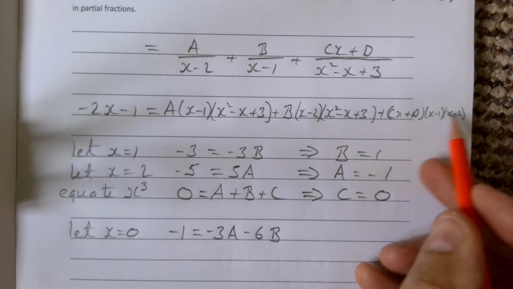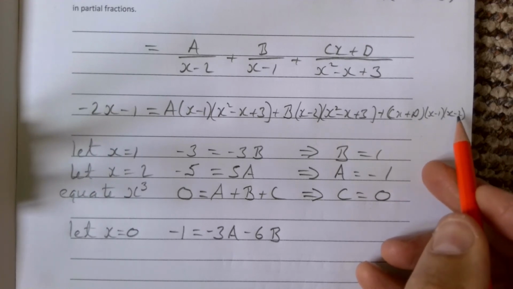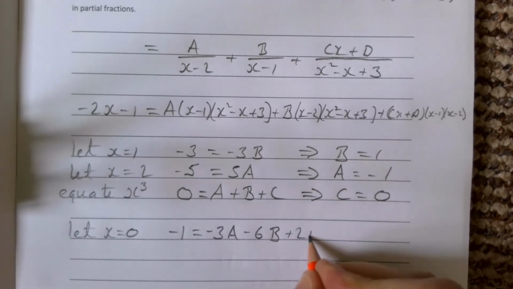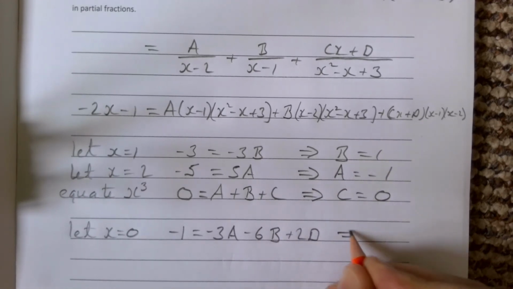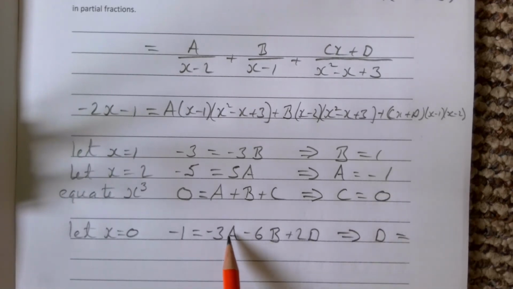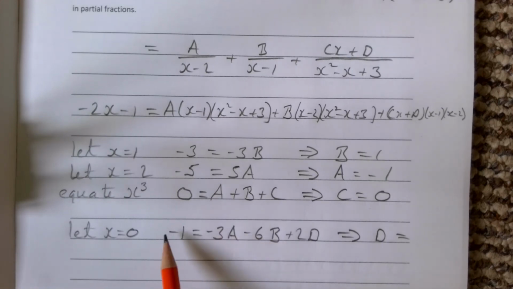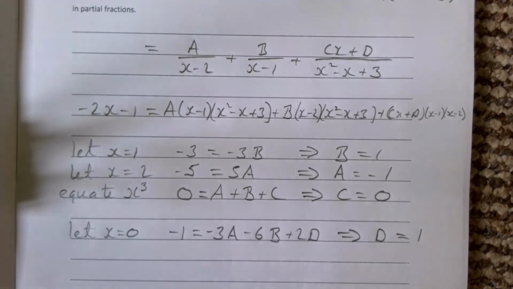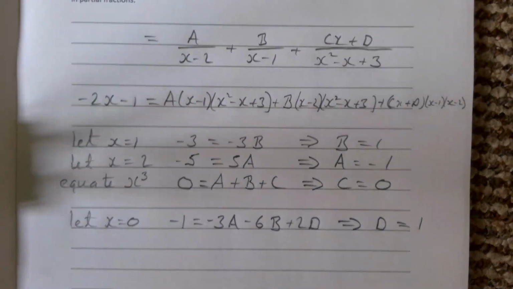The minus 1 times the minus 2 is going to give me a 2. And so it's plus 2D. If I sub in my values there, what do I have? B is 1, that's minus 3, A is minus 1 plus 6. And I take this over then the other side to get my 2D and divide. I get a value of D equals 1.